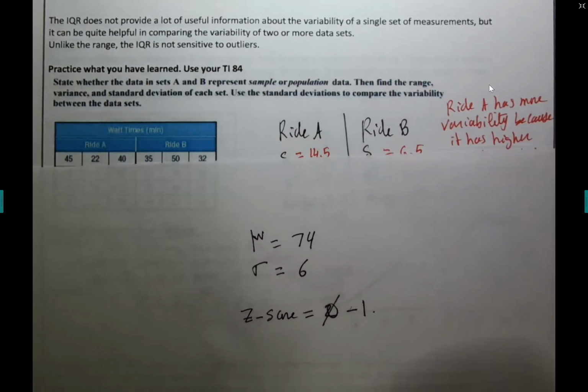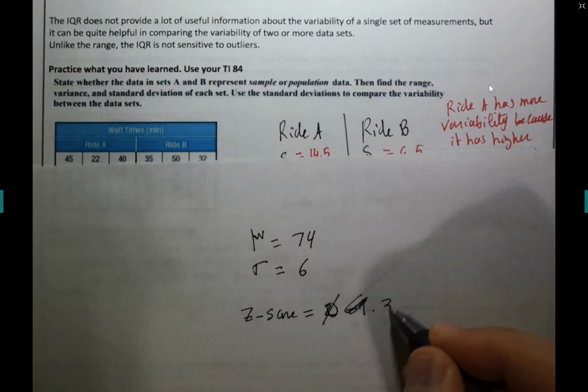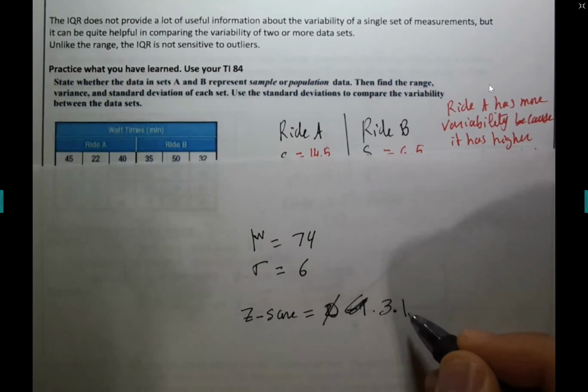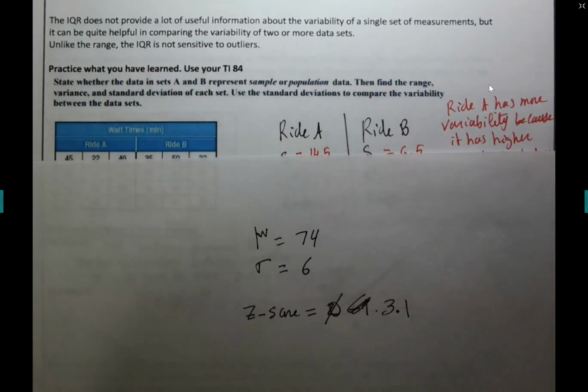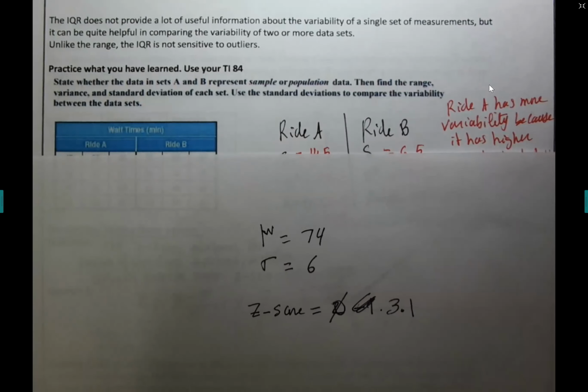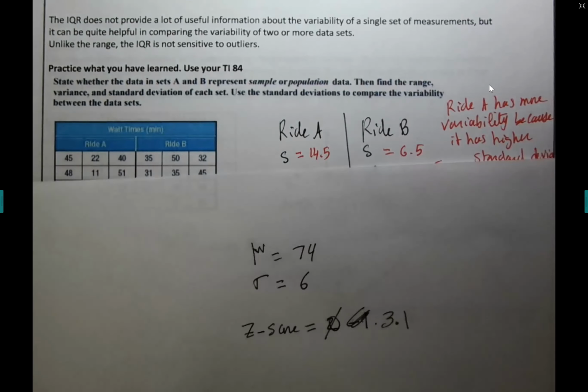If I tell you guys your z-score on the test was a 3.1, for example, you can be sure your score is probably the ultimate highest score because it goes beyond 3 standard deviations. That's what a z-score is, to tell us how far apart from the mean a value is in terms of standard deviation.